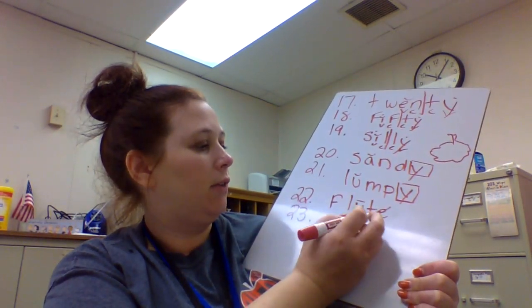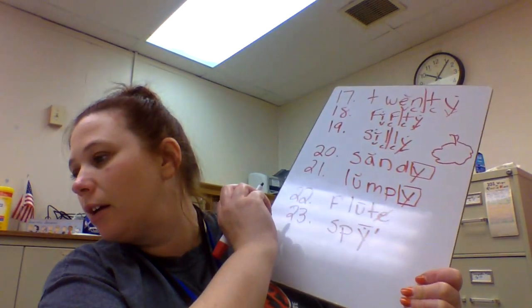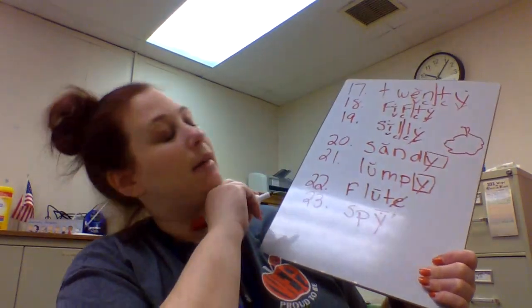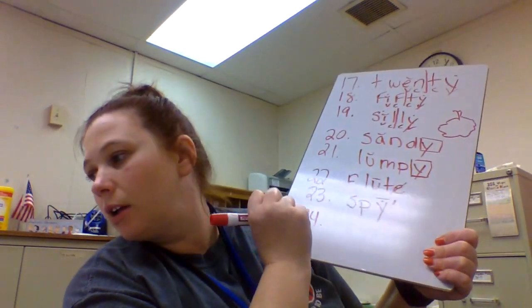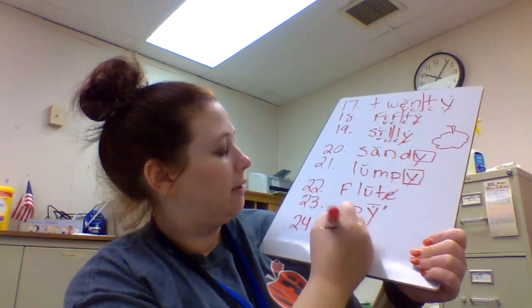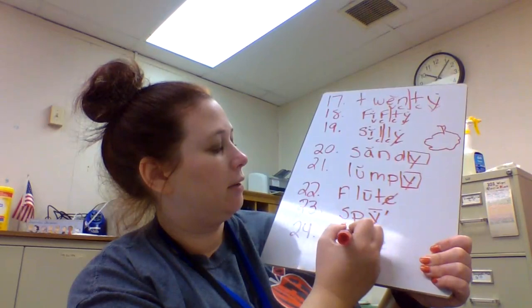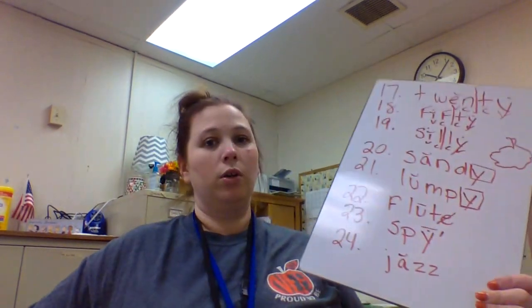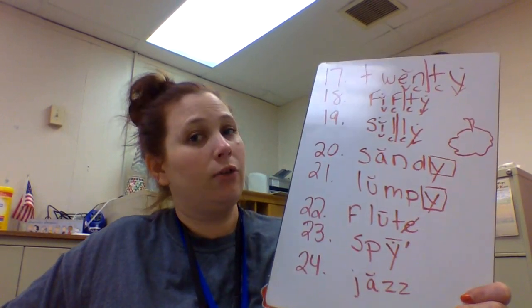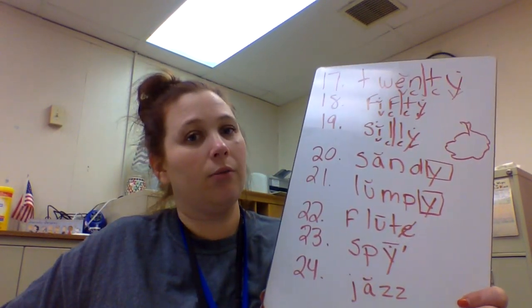So it gets the dot and the macron, because it's making that long I sound. Number 24, jazz. Here we just have vowel, consonant, consonant, gets a breve. I'm going to have to pause it right now if you need to, because I'm going to erase. So if you still need some of the coding, pause it to get it written down.